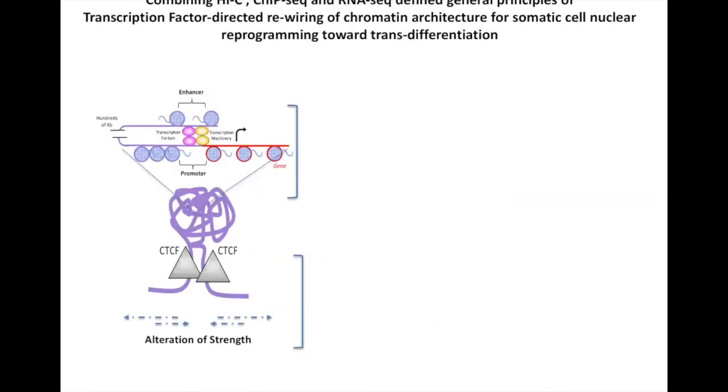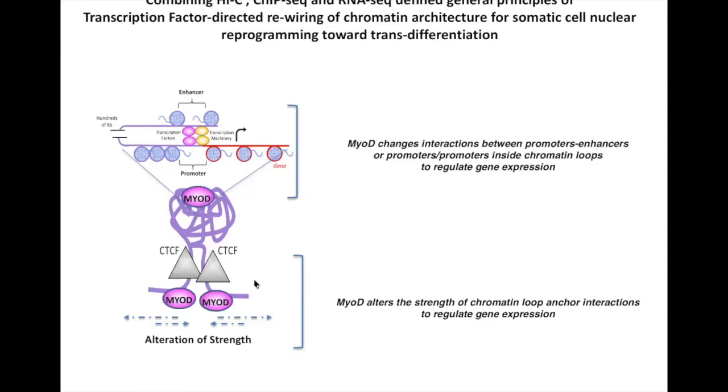So what we have learned using this system, by combining Hi-C, ChIP-seq, and RNA-seq of course, is that MyoD operates to promote conversion of fibroblasts into myogenic cells by binding chromatin loops.